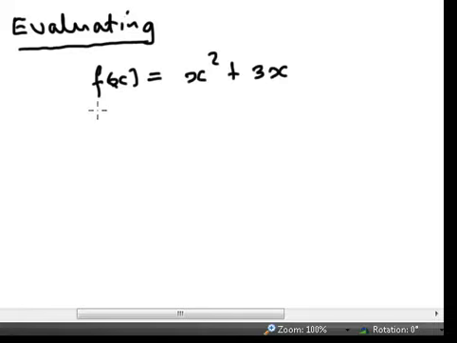Talking in simple terms, because I always want to talk in simple terms, things people can relate to, what does this expression say? This expression says, whatever f carries in brackets, I will square it and I will multiply by 3. And lastly, I will add the two things.